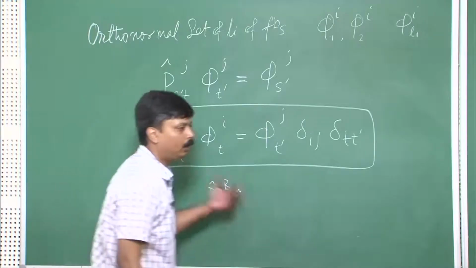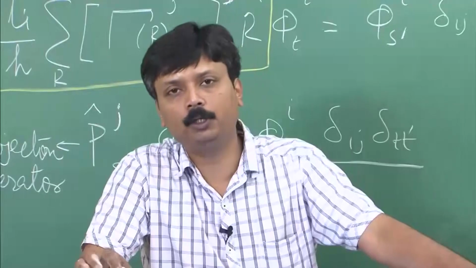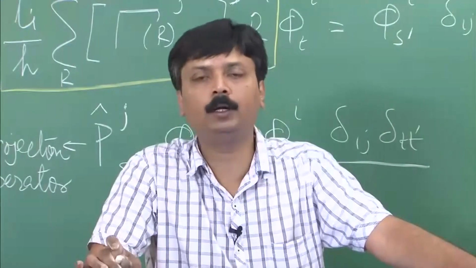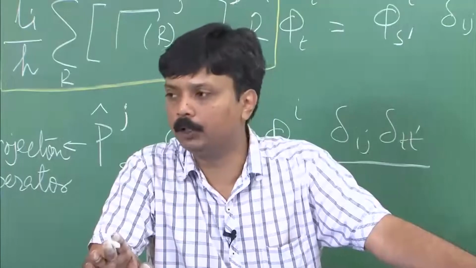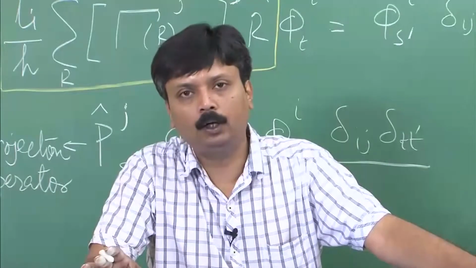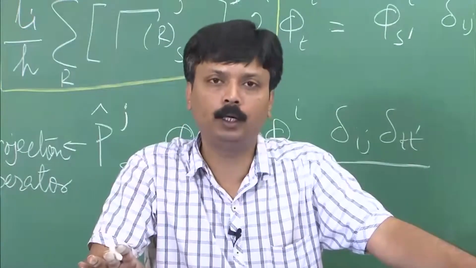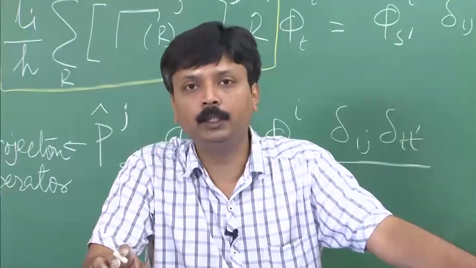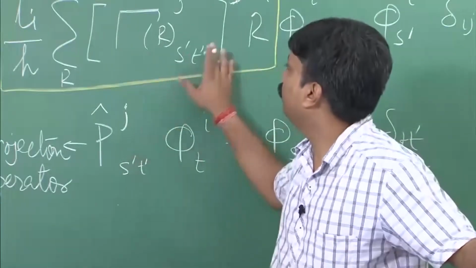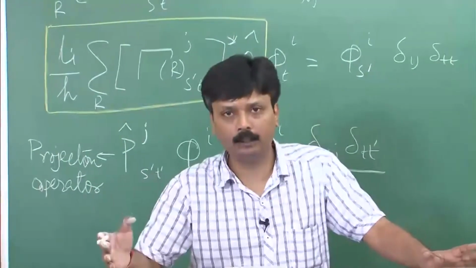In the following class we will also see that there are two types of projection operator. One is a complete projection operator, another is an incomplete projection operator. For most of our purposes, we are pretty good with the incomplete projection operator itself, which deals not with the matrix elements as such, but only with the characters.